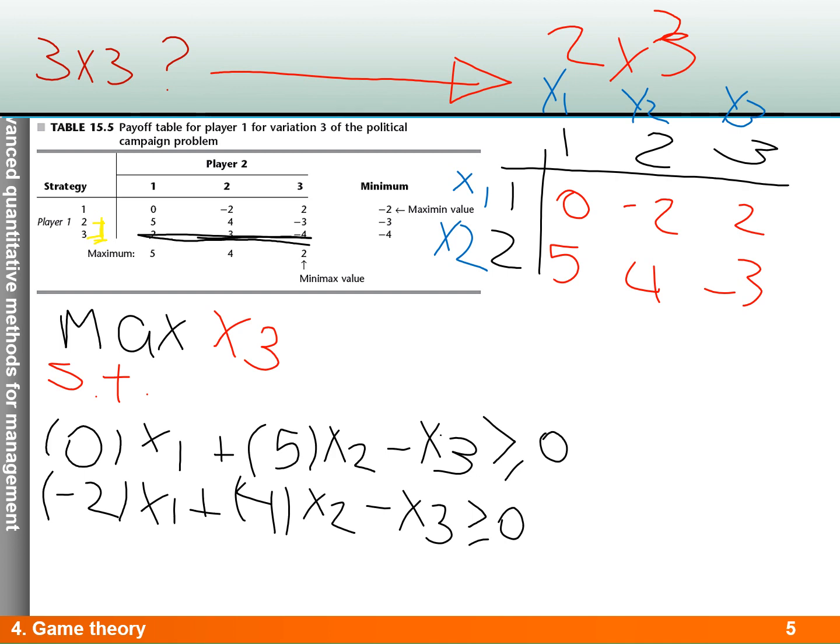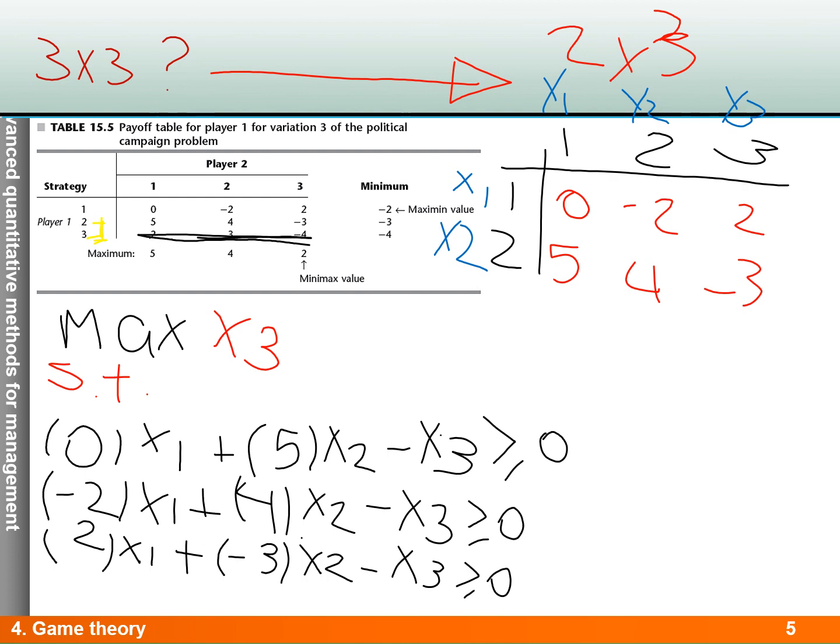And finally, the third one: 2 multiplied by x1 plus minus 3 multiplied by x2 minus x3 greater than or equal to 0.